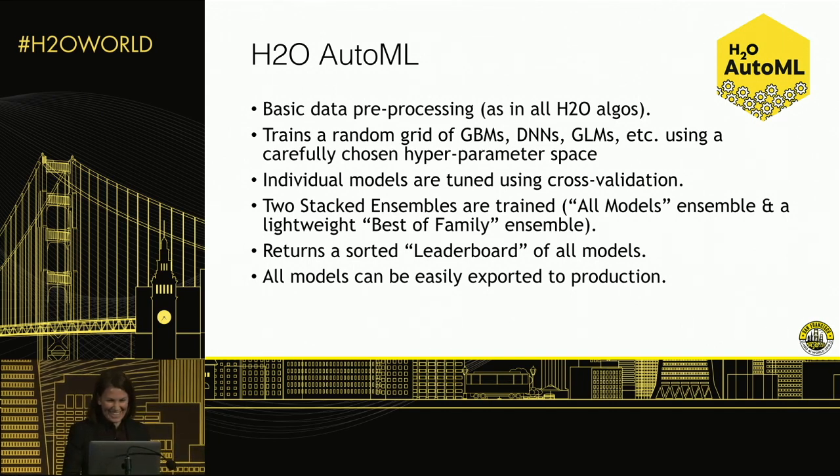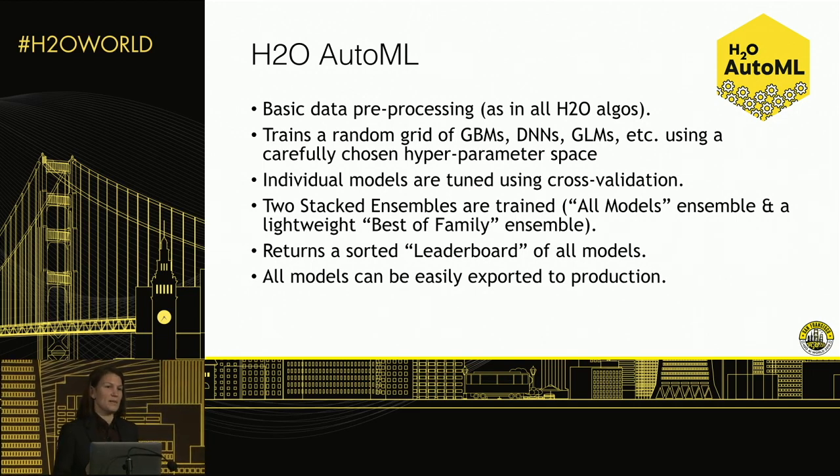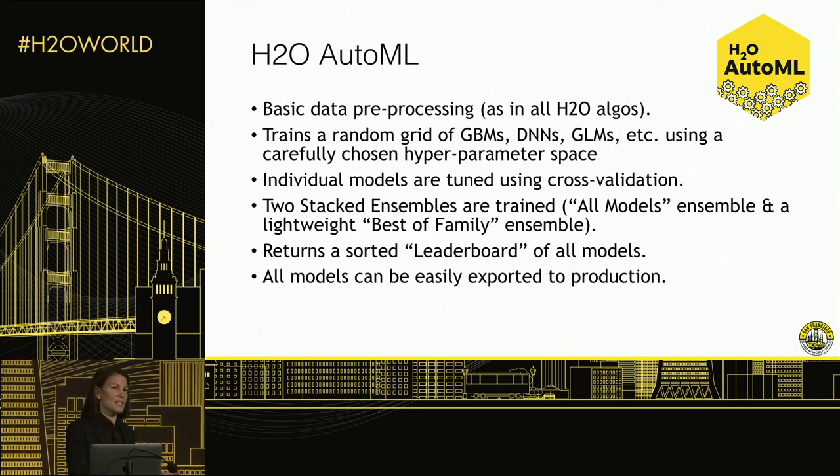Anyway, what is in AutoML? Basically, we have all the basic data pre-processing, and I said we train a random grid of all the different types of algorithms that we have in H2O. This is the point of the process in which we put our expert knowledge into the system. We decided which of the hyperparameters for each of the algorithms we should tune, and what the ranges are for each of those parameters.